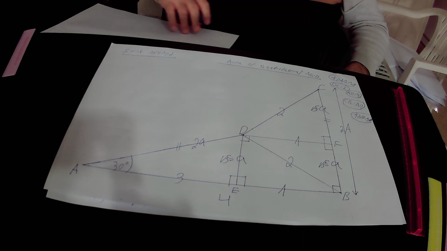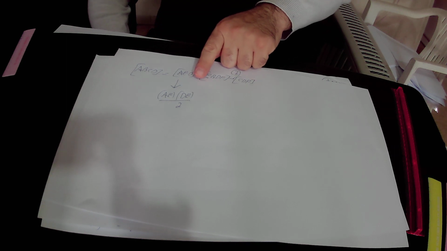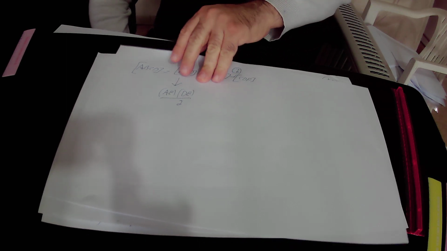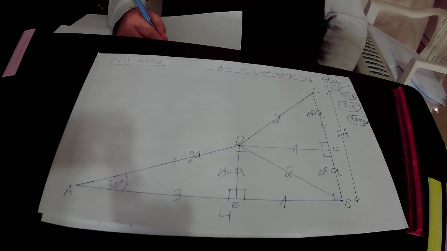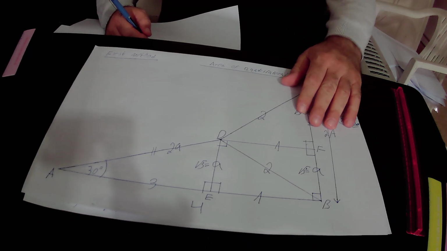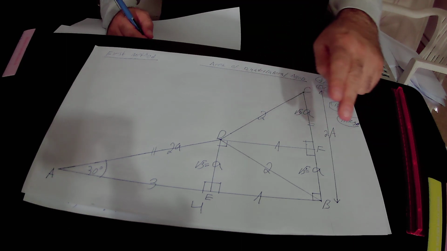So the area of the right triangle AED equals AE times ED over 2. The area of rectangle EBDF equals the width times the length.